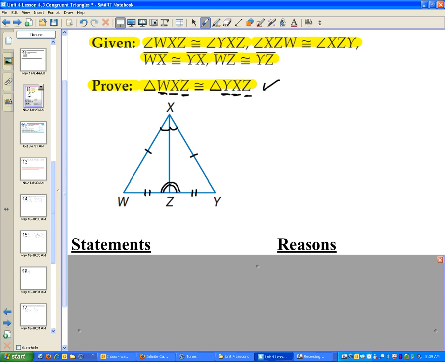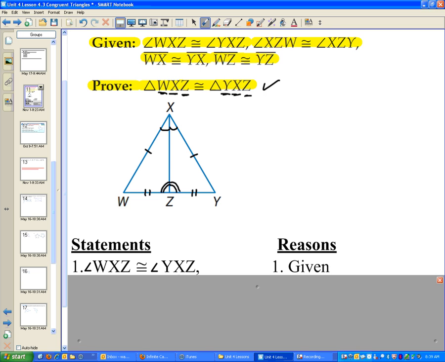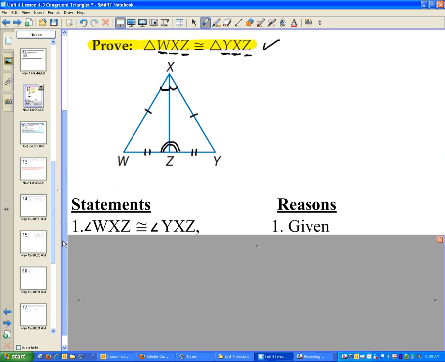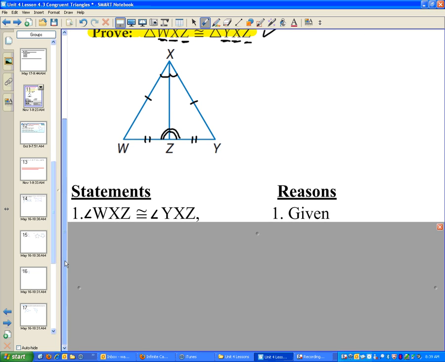First step of the proof is always easy. Put your given information in there. So step 1, angle WXZ is congruent to angle YXZ. I know that's true because it's given to me. That's one of the 5 reasons I can use: given information. Now, and this is kind of unique. You might not be expecting this.